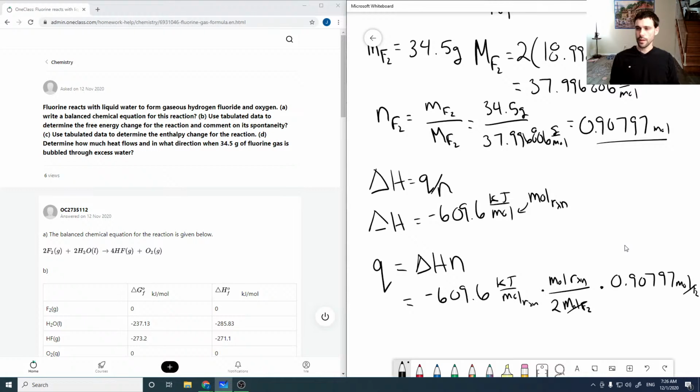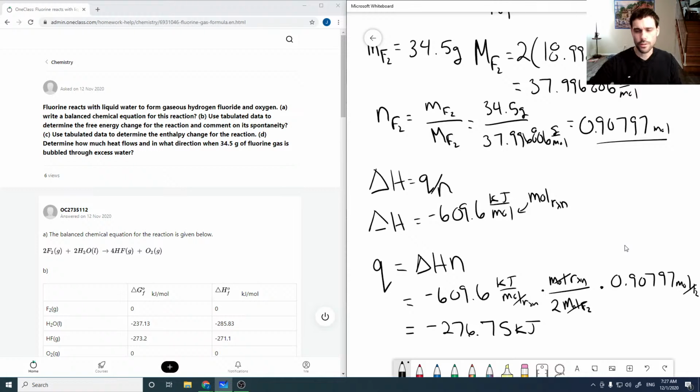And so these would all cancel. And again, mole reaction and mole fluorine are not real units, but I'm just tagging them there as placeholders so we can keep track of everything. And so running through these factors on our calculator, we would get minus 276.75 kilojoules.